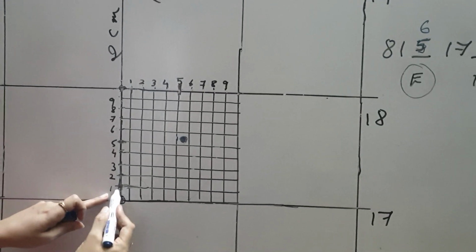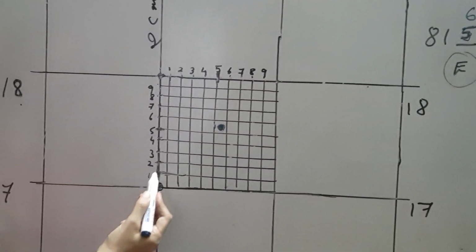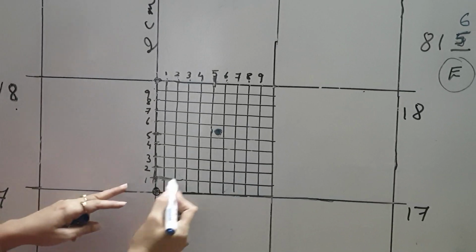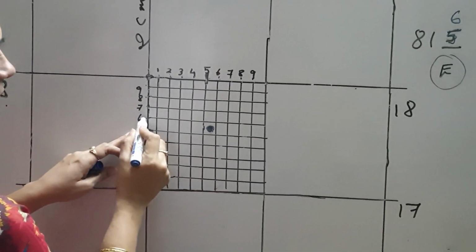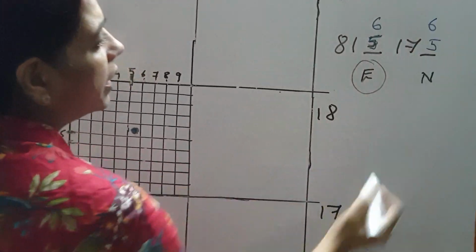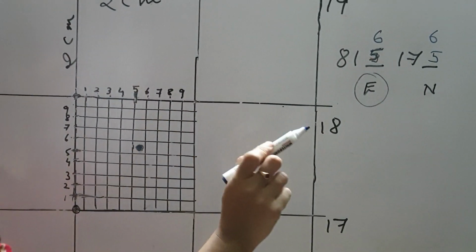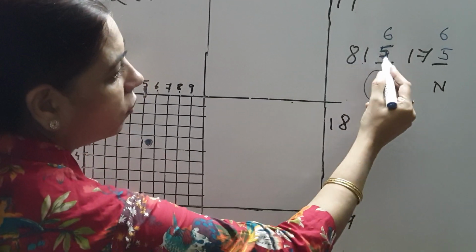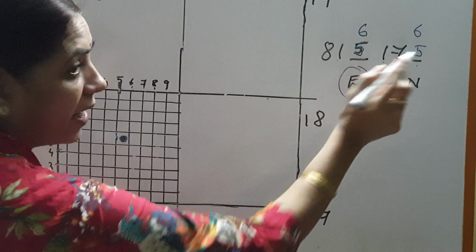Then you will see this part. This is the northing readings, 17, 18 upward reading. So now the well lies between 5 and 6 again here. So you will write here 5 and you will write here 6. So the six-figure grid of the well is 8, 1, 5, 1, 7, 5, one answer.